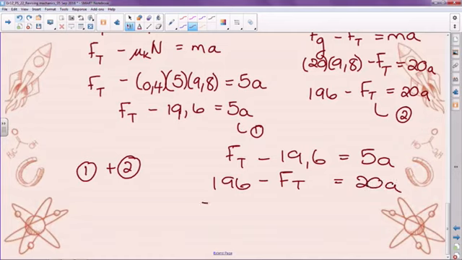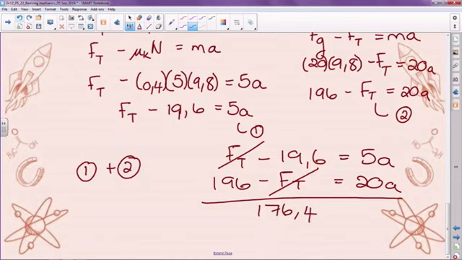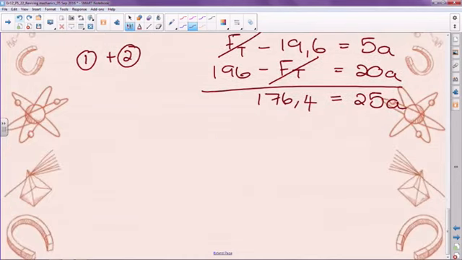The reason why I do this is if I've set the equations up correctly, Ft cancels. That means that now I have 196 minus 19,6, which gives me 176,4, which is equal to 25a. And then, to get a on its own, I'm going to go 176 divided by 25, which gives me 7,06 meters per second squared.